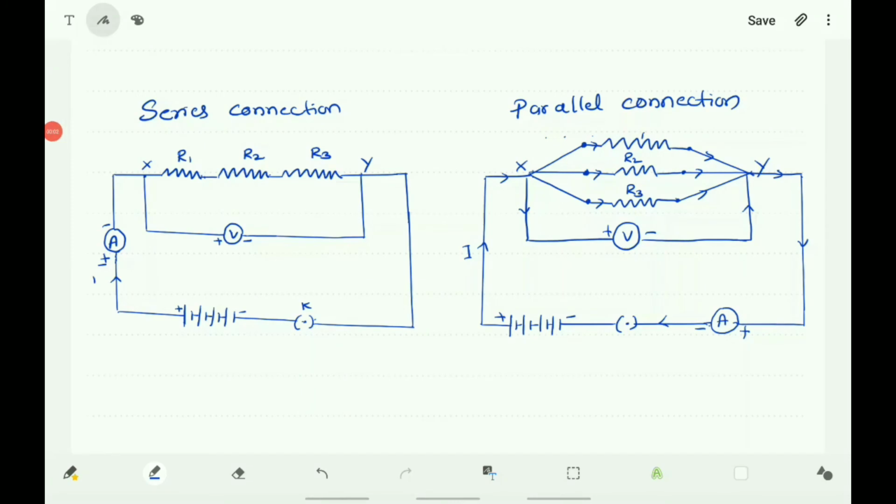Thus, it is impracticable to connect an electric bulb and an electric heater in series because they need currents of widely different values to operate properly. And also in a series circuit, when one component fails, the circuit is broken and none of the components works.